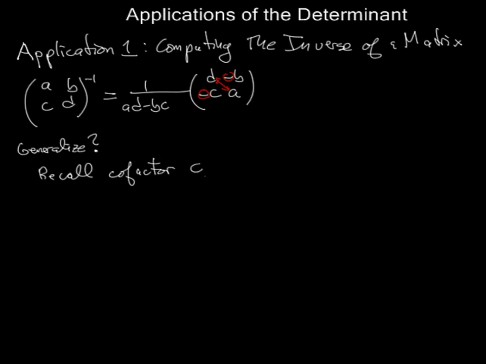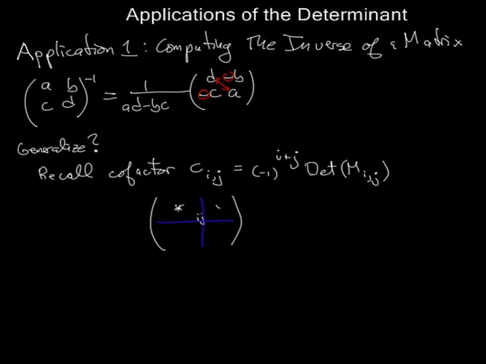So let's recall what the cofactors of a matrix are. The ijth cofactor is (-1)^(i+j) times the determinant of the ij minor. And the ij minor is the one that you obtain by deleting the ith row and the jth column.